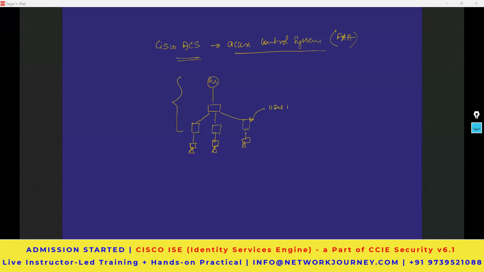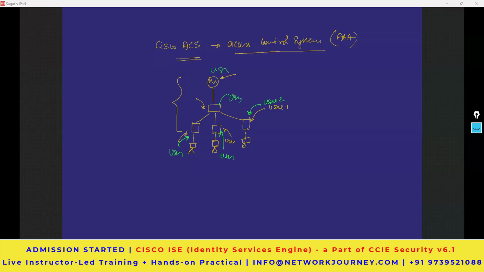Let's say user one has joined our team, so I go across all of these devices and do the configuration so that this person can take an SSH on these devices. On the second day, another person joins, and I redo the same traditional process of creating those users manually by logging into each device, right? This is not a feasible solution in production.